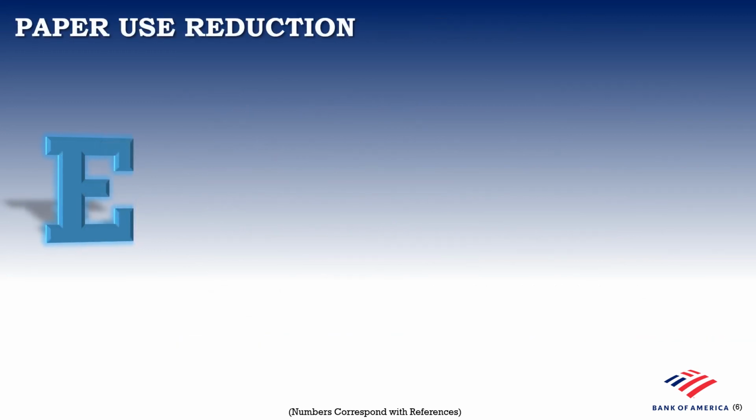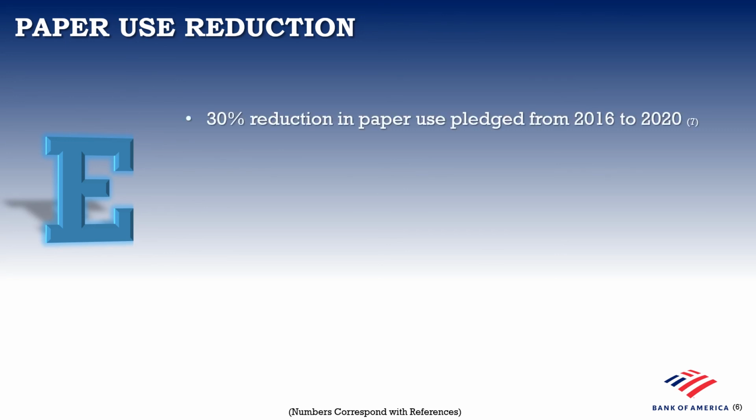On to environmental and the last section here, paper use reduction. As more and more clients are cognizant of the impact that businesses have on both the environment and the climate, Bank of America pledged between 2016 to 2020 to do a 30% reduction in paper use, which of course expedited some of the digital adoption necessary, and that does create a need to encourage clients to switch to paperless means.